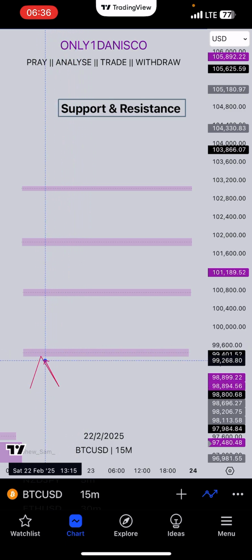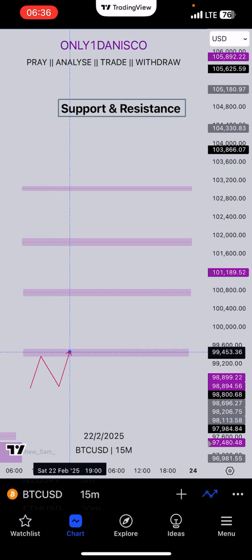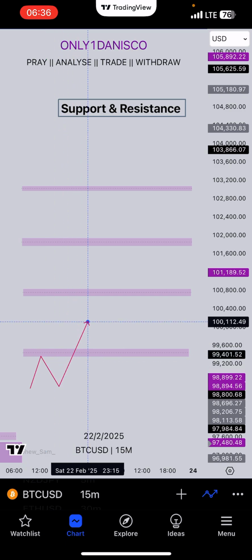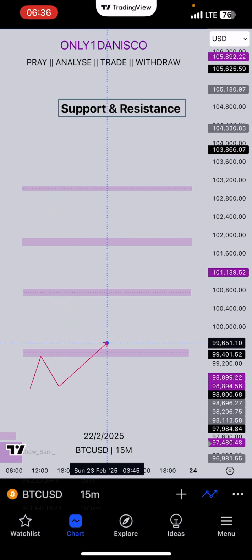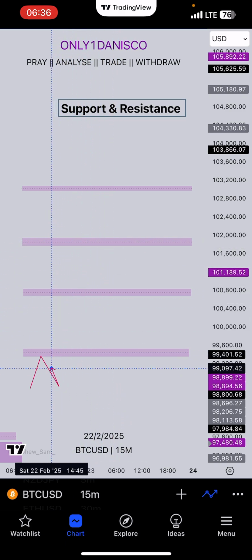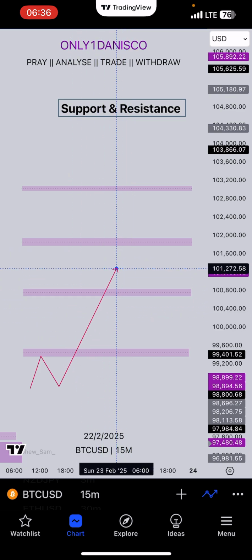If we are in an opposite trend, we have major zones, but if we are in the same trend, we have minor zones.